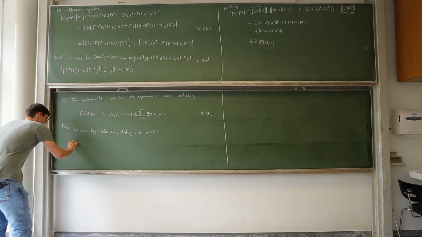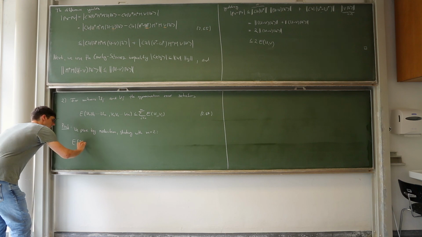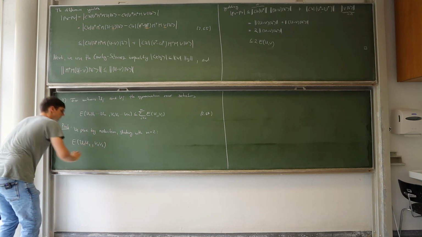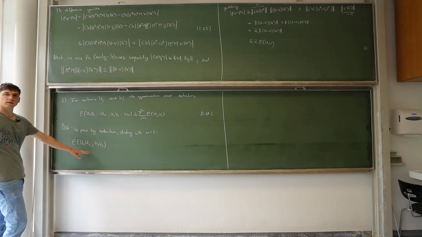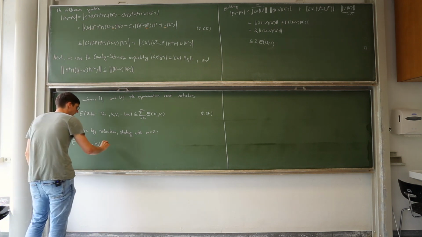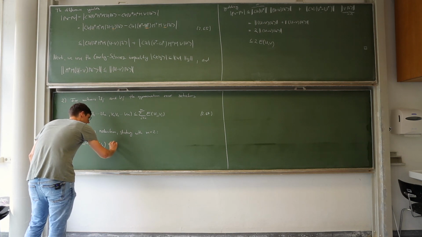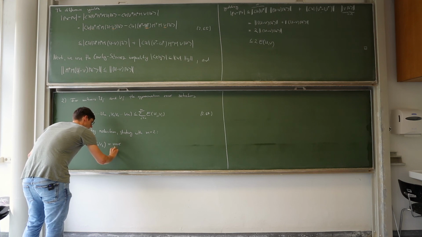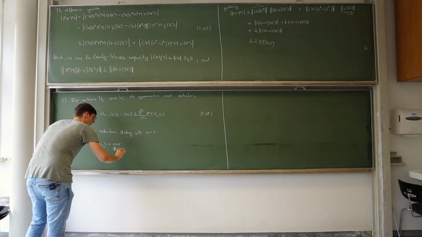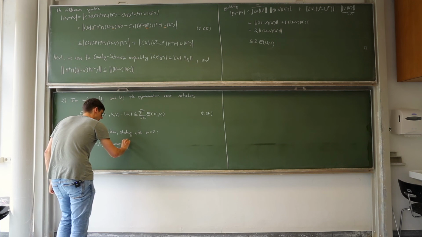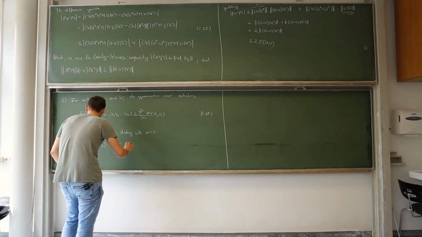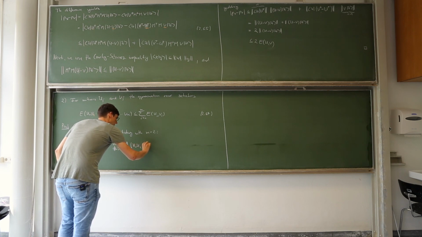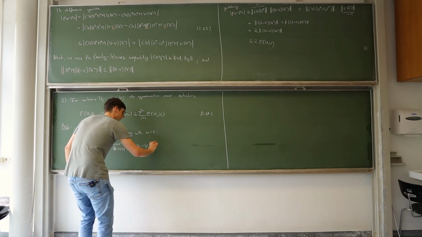So we have E of U1, U2 and V1, V2. Okay, let's plug this into the definition. The definition says this is equal to the maximization over the states psi in H, and we maximize over the norm of U1, U2 minus V1, V2 psi.